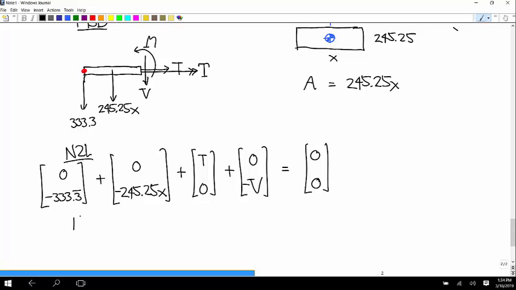And so that internal tension function is 0. There's no horizontal forces. But the internal shear force is negative 245.25x minus 333.3 repeating.